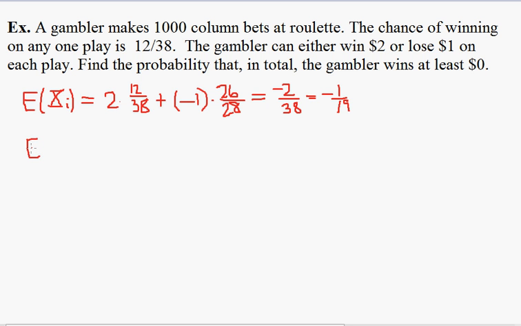To find the standard deviation, we first find the expected value of each x sub i squared. So that's equal to 2 squared times 12 over 38 plus -1 squared times 26 over 38. And this should have been a 38 here, of course, not a 28.